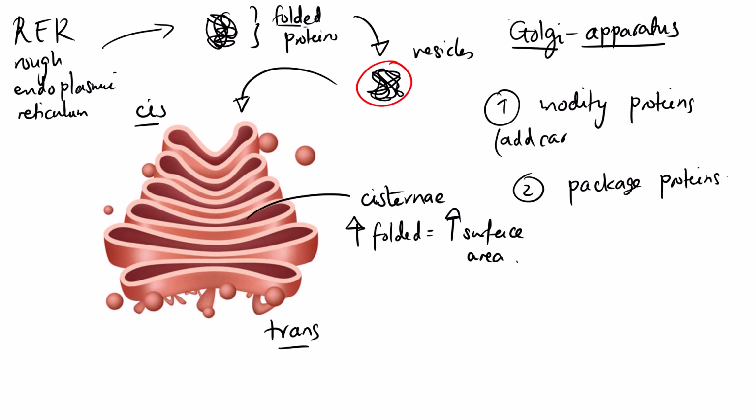So let's say if you add a carbohydrate to the protein, on the trans face, the sort of output of the Golgi apparatus would be a glycoprotein. Not only could you modify the protein with the carbohydrate, but you could add a lipid or cholesterol. So these attachments help modify the protein.